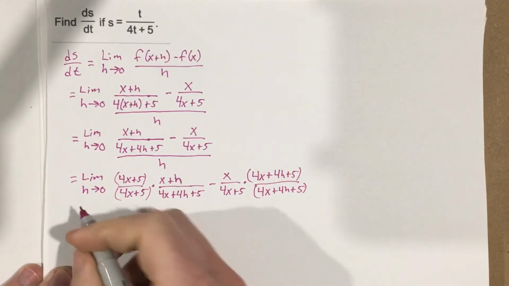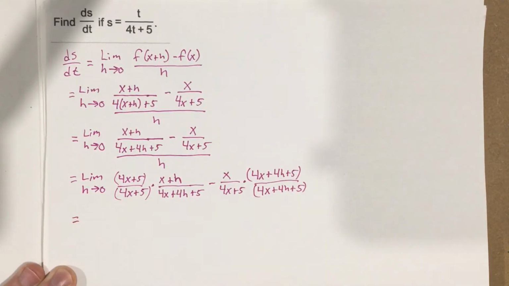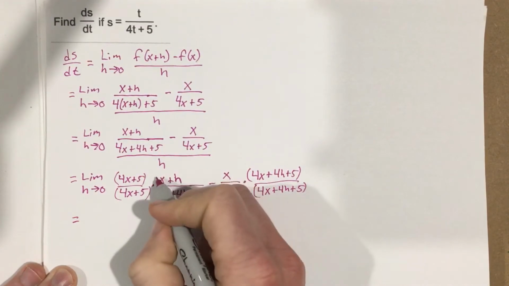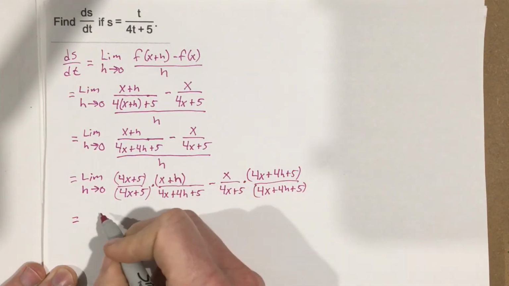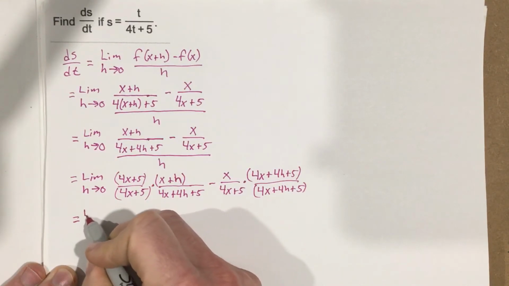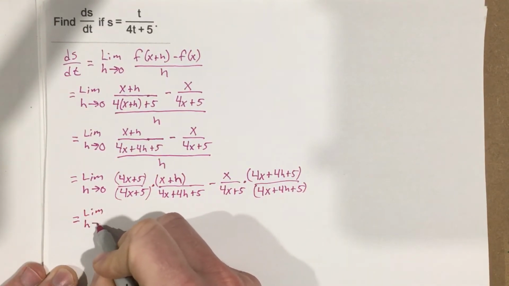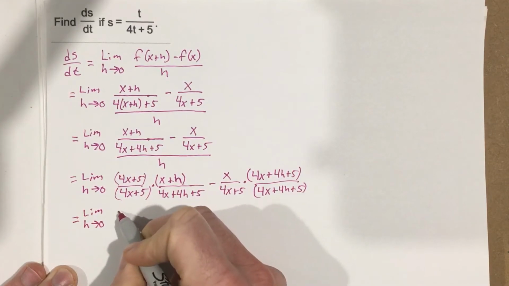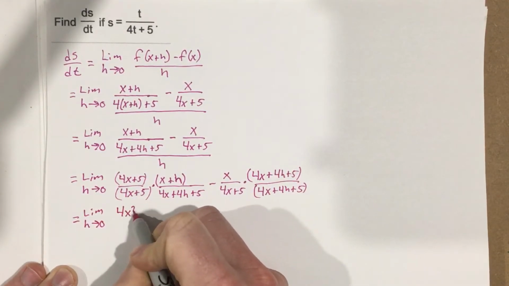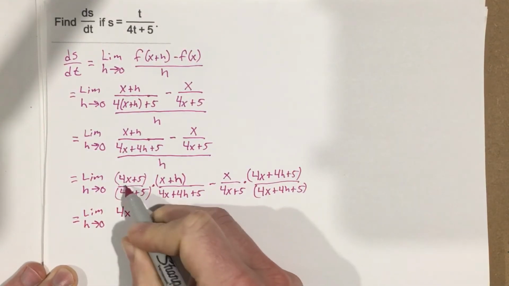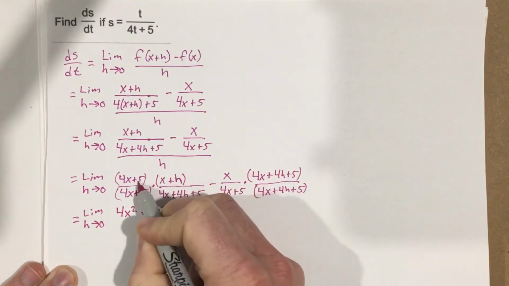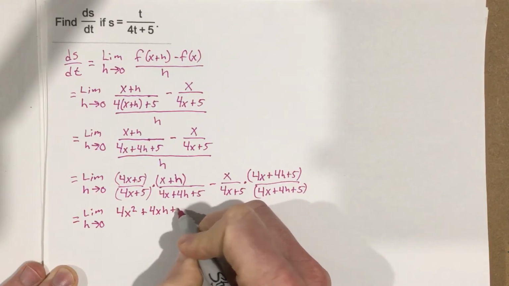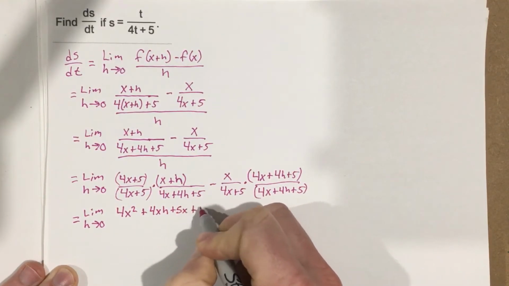Now when you multiply those, on the top I'm going to go ahead and distribute. So I'm going to take the 4x plus 5 times the x plus h, and I get, let me write limit again, 4x squared plus 4xh plus 5x plus 5h.